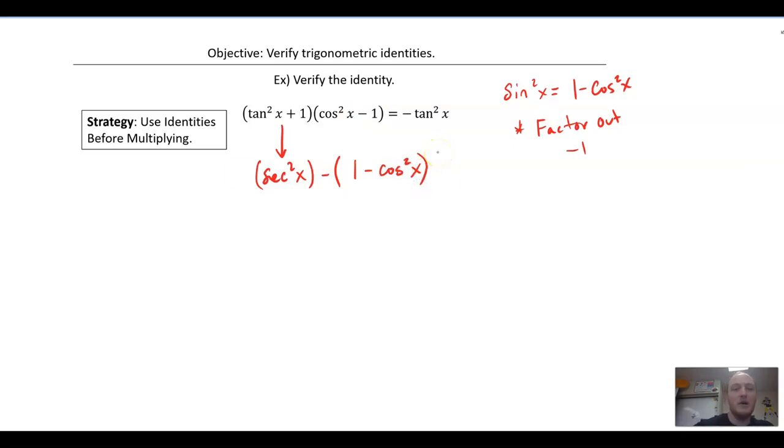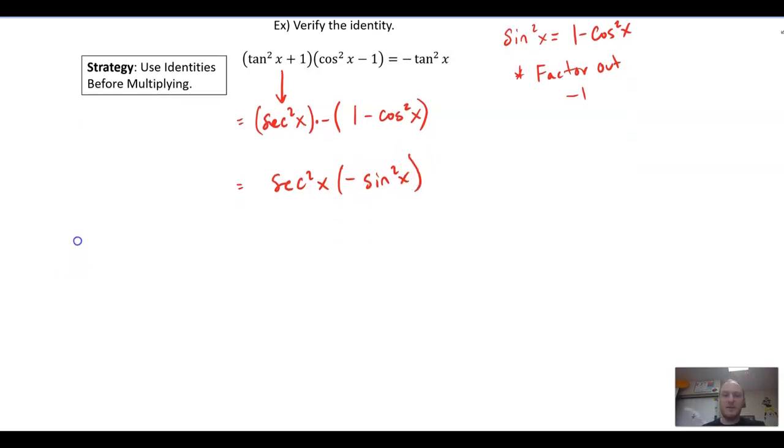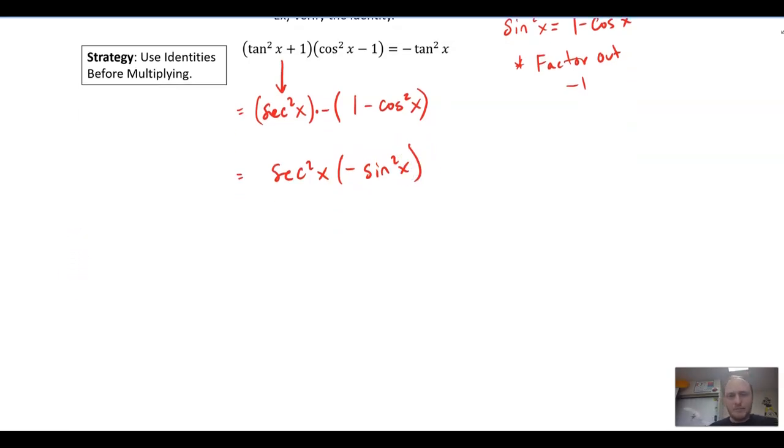Okay, now why in the heck, and be careful, I'm not doing subtraction, right? This is multiplying by a negative 1. Okay, and I'm doing this because now I have secant squared x times negative sine squared x. So I make that substitution. Okay, so why did I do that?